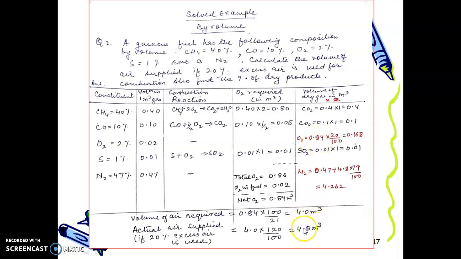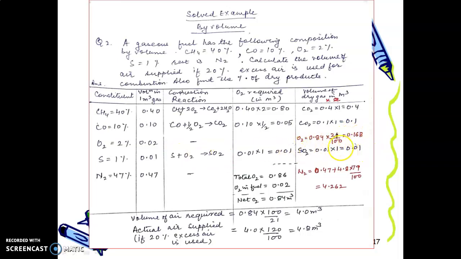Actually I have written 4.84 here; it is 4.84 minus 4, so 0.84. So 0.84 into 21 by 100 gives 0.168.